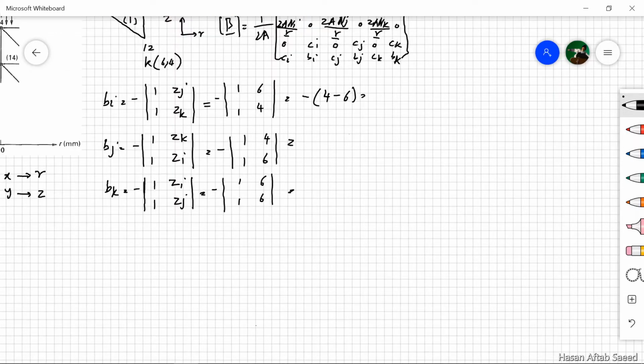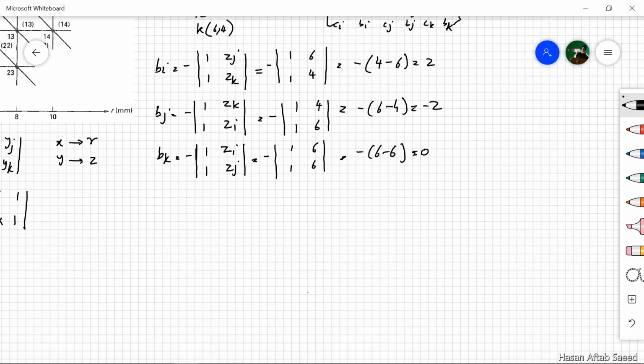So 4 minus 6, this is minus 2, 6 minus 4, this is 2, and 6 minus 6, this is 0. Add all these together, and it turns out to be 0, which is a good indication that we are doing it correctly.